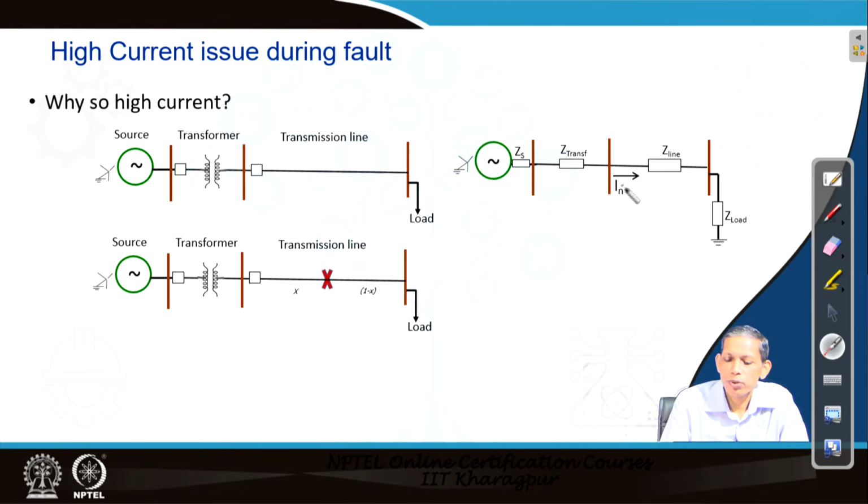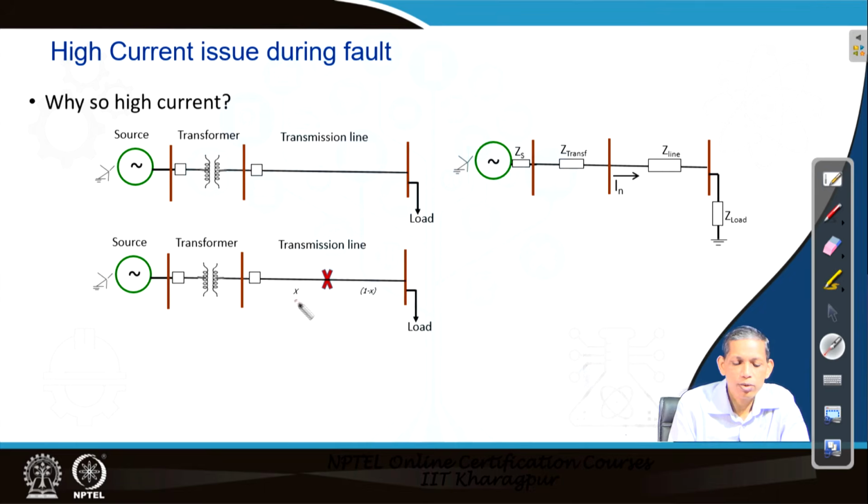The load current encounters ZS, Z transformer, Z line and Z load. Typically, Z load is much higher than Z line, Z transformer or ZS, from the consideration of efficiency and voltage regulation. In that case, this normal current I n will be controlled by the summation of these impedances, where Z load is much higher than the other impedances.